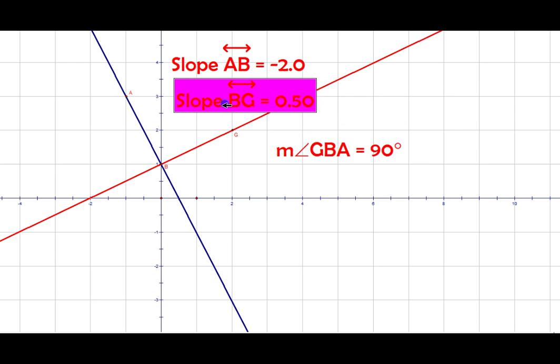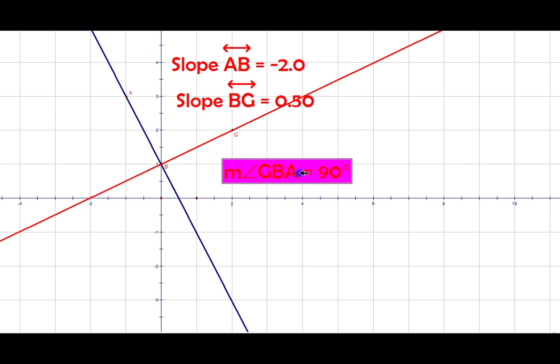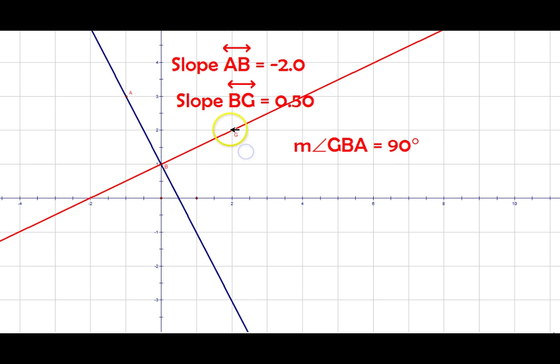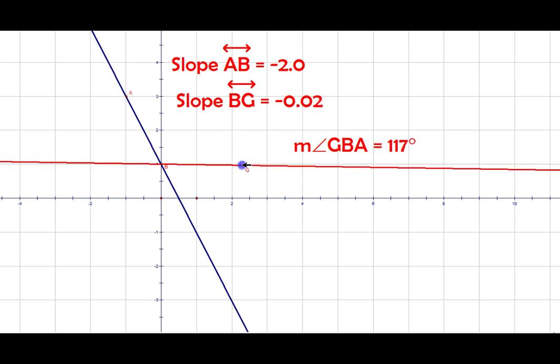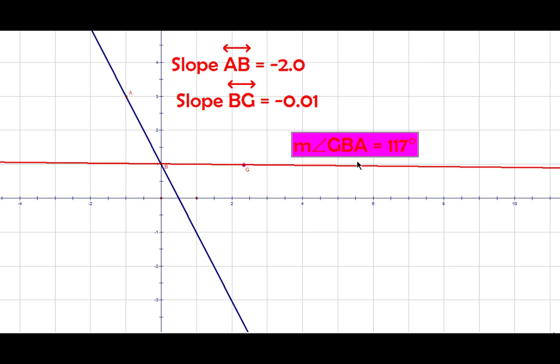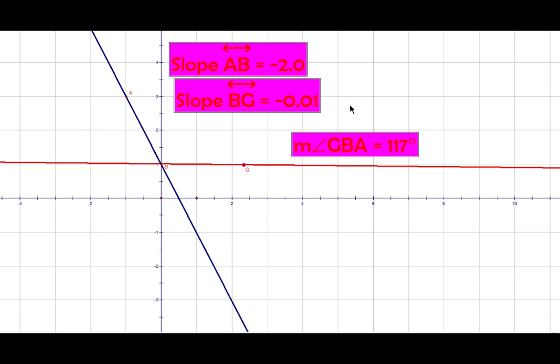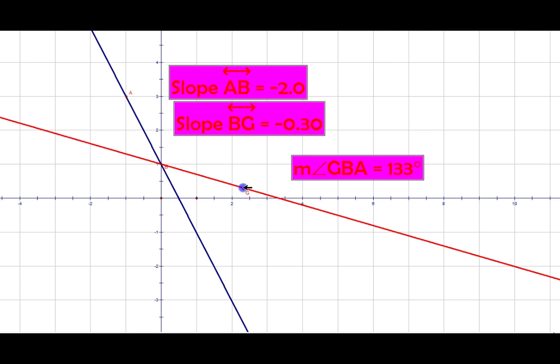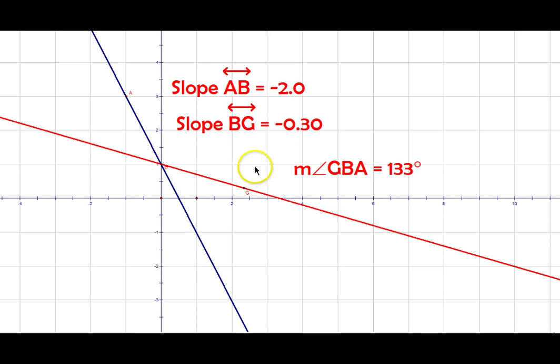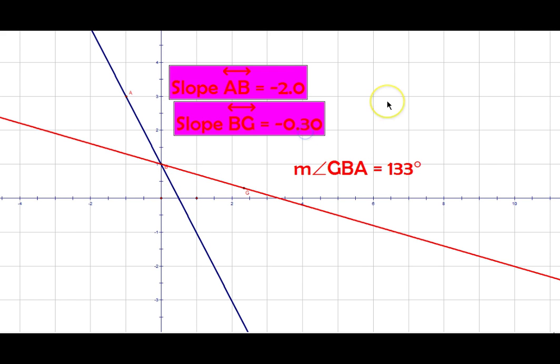Now check this out. As soon as I change the degree of 90, if I change that 90-degree angle and make it a little bigger, let's say 117, now you notice that these lines are not perpendicular. But notice, one slope is -2 and the other one's -0.01. Actually, it's almost horizontal. Let's make it a little different. There. These two lines are not perpendicular. Therefore, the slopes are not opposite reciprocals.